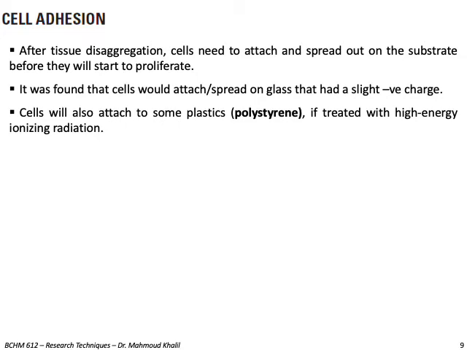Cell adhesion. After tissue disaggregation, cells need to attach and spread out on the substrate before they will start to proliferate. It was found that cells will attach and spread on glass that has a slightly negative charge. Cells will also attach to some plastics, such as polystyrene, if treated with high energy ionizing radiation.